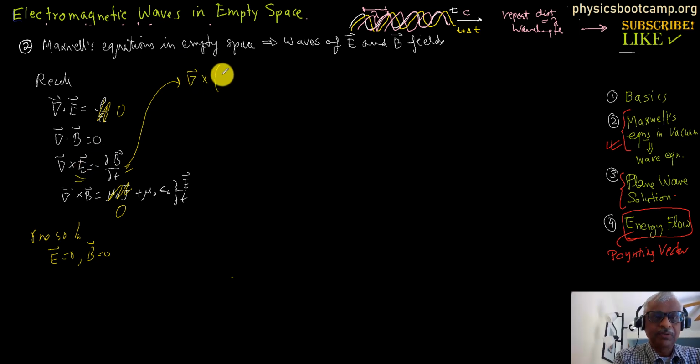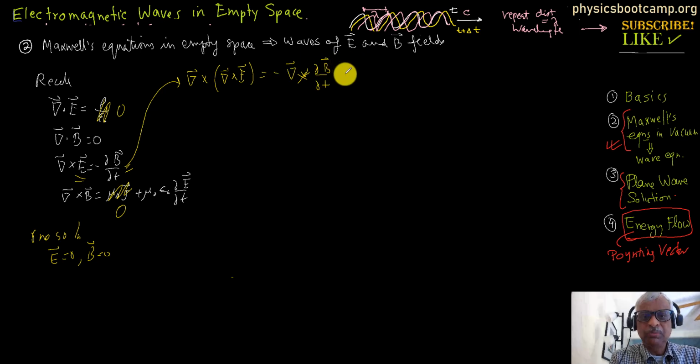So del cross del cross E will be minus del cross dB dt, but this is space, this is a time derivative, so this will be the same as d dt of del cross B. So I can use this now to eliminate it.